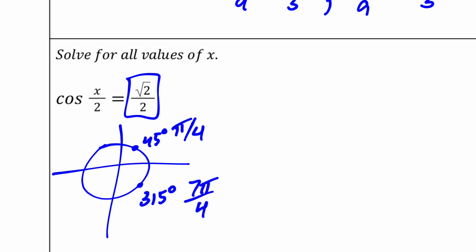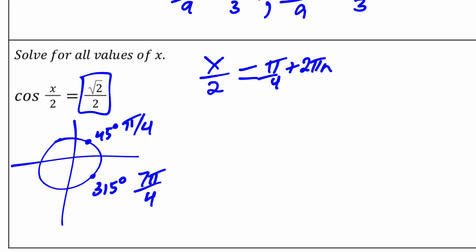So since it's cosine, the period there is going to be 2 pi. So I can think of my answer. I can write x over 2, because that's what cosine is. That's the horizontal stretch this time, is equal to pi over 4. That's the first answer there at 45 degrees, plus 2 pi n. And then my second answer, 7 pi over 4 plus 2 pi n.